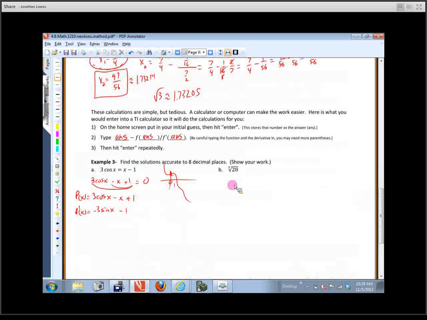So let's make our initial guess. Let's make it 1. We know it's going to be positive, so let's guess an easy positive number. So that means the next one is going to be 1 minus (3 cosine of 1 minus 1 plus 1) divided by (negative 3 sine of 1 minus 1).